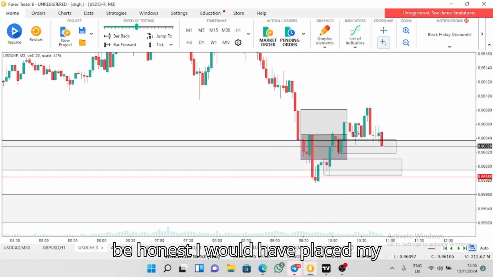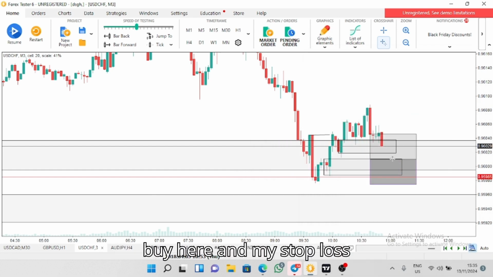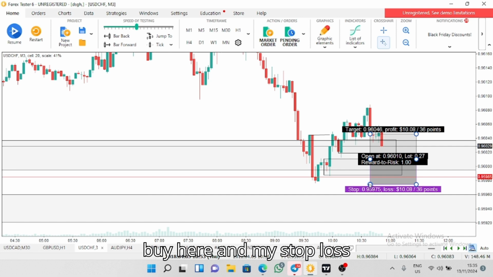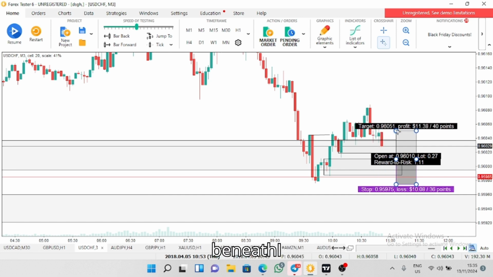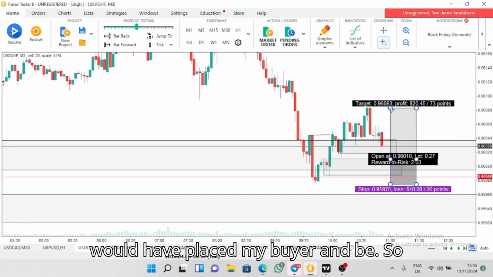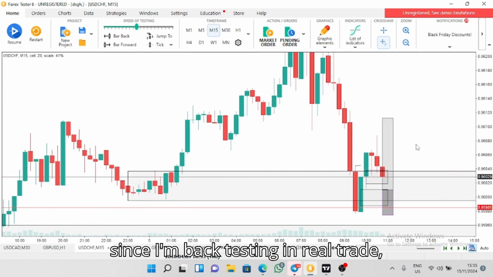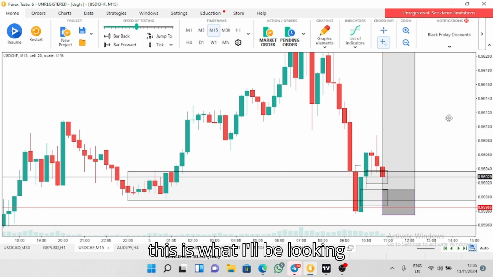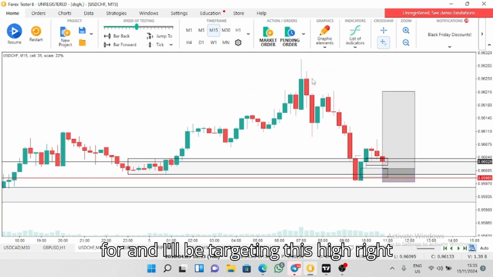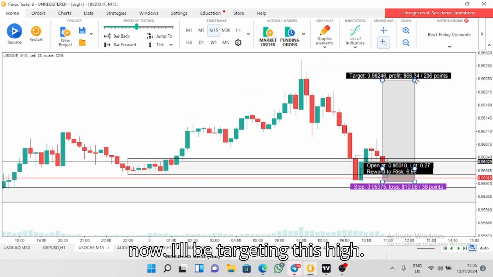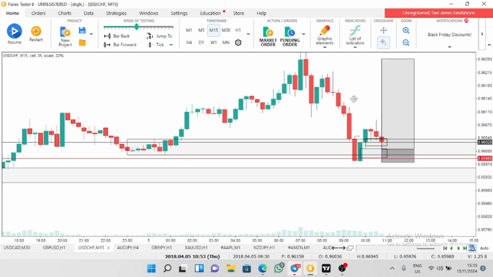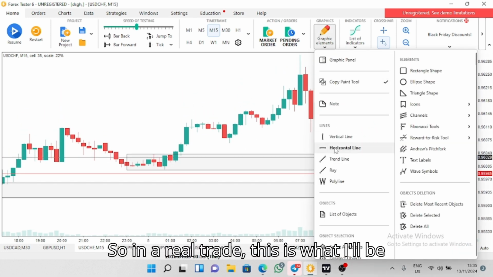To be honest, I would have placed my buy here and my stop loss beneath. Since I'm backtesting as in a real trade, this is what I'll be looking for, and I'll be targeting this high right now. So in a real trade, this is what I'll be doing.